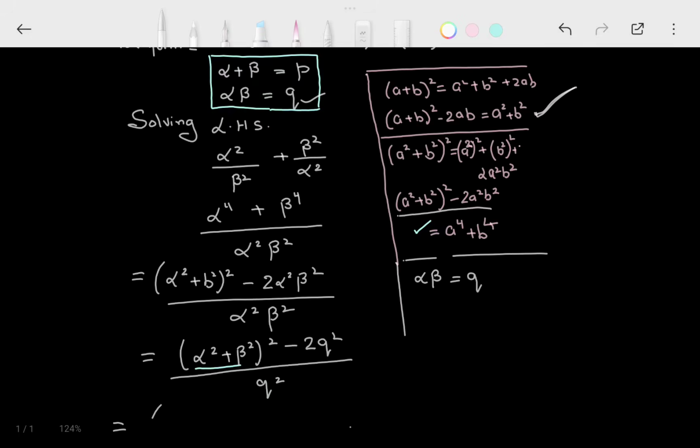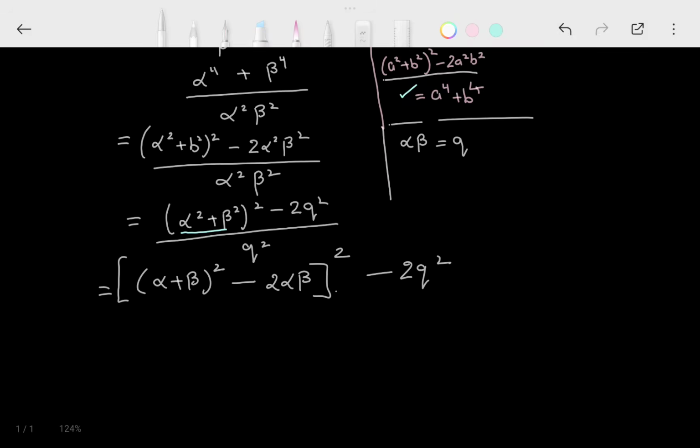So it can be written as a plus b, that is alpha plus beta whole square, minus twice alpha beta raised to the power 2, minus 2q square divided by q square.